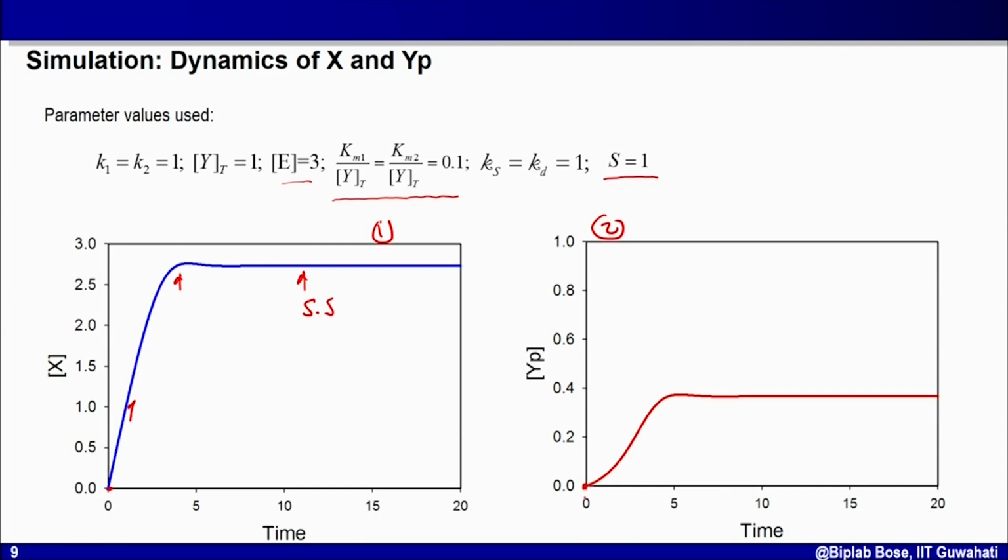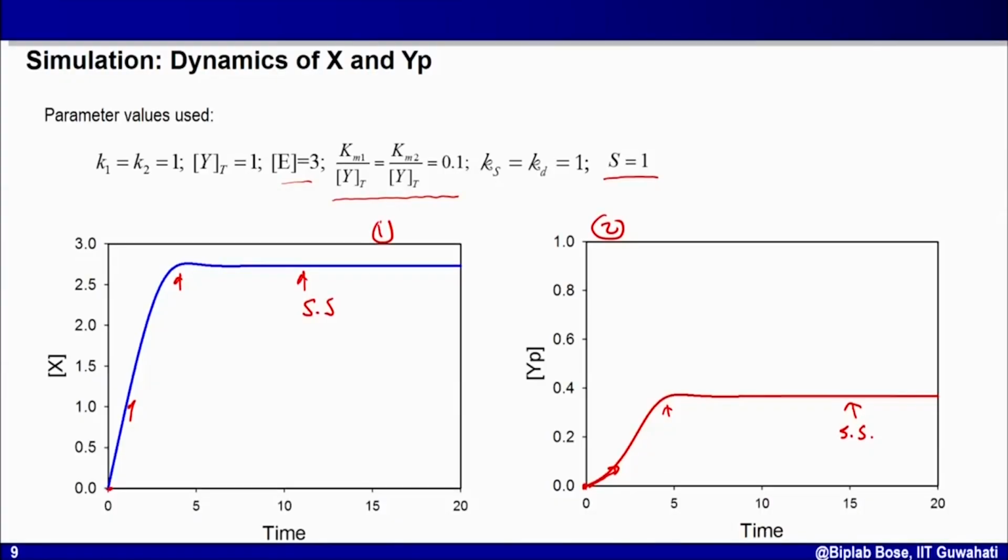As I am starting at t equal to 0, YP I have considered equal to 0, and it moves up with a slight hump here, and then eventually it reaches a steady state. So here I can easily see that both X and YP are reaching steady state after some time. So this is a stable steady state. That's why the system is moving there. And it is expected also because the system is monostable.